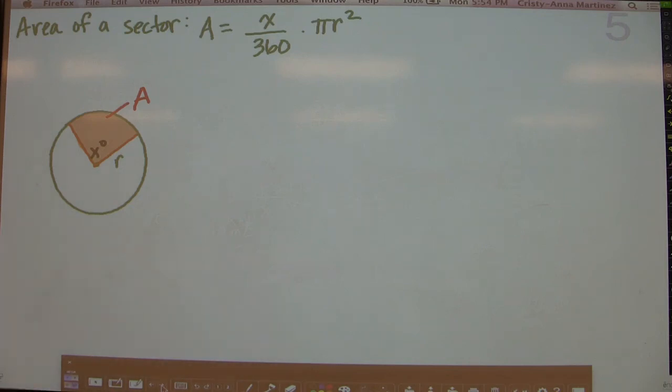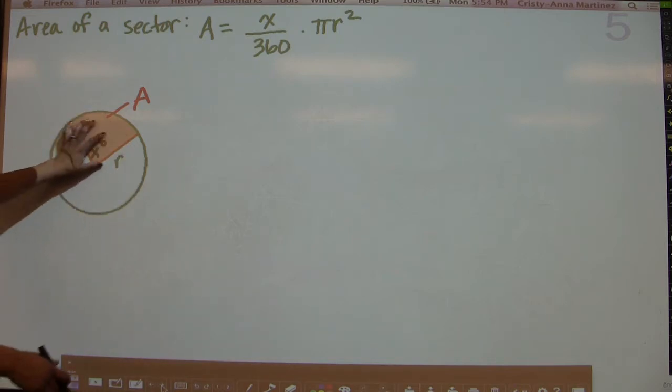Now, for the area of a sector, as I was saying earlier, the area of the entire circle is pi r squared.